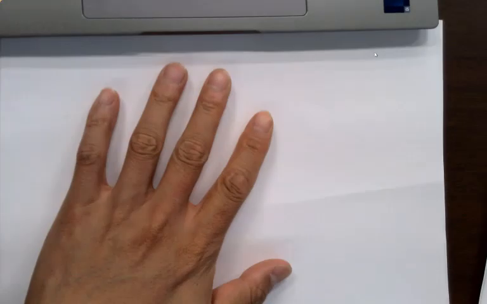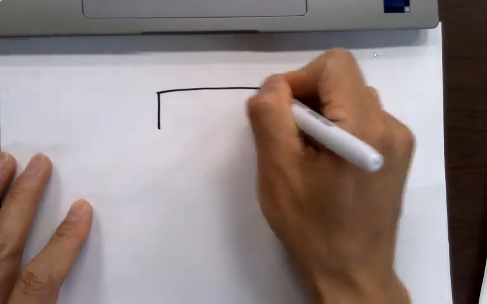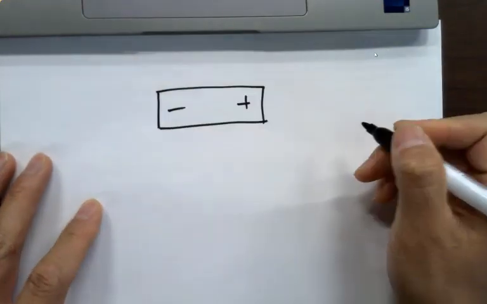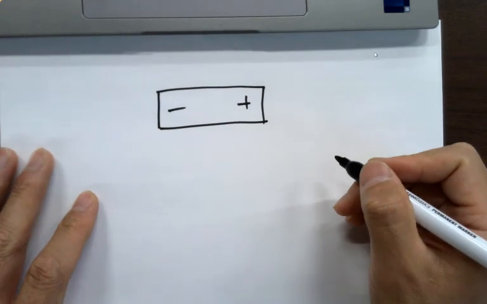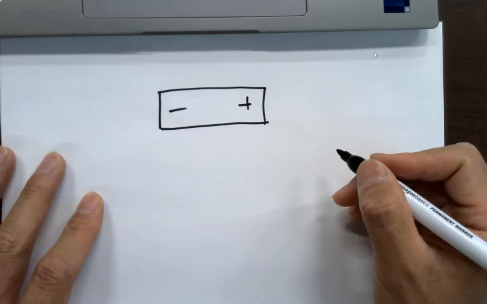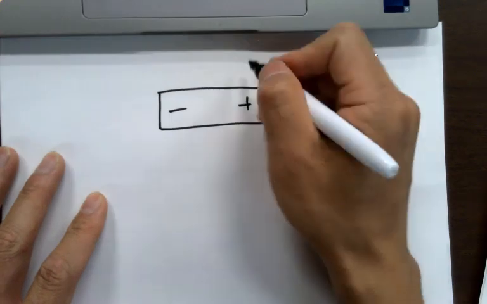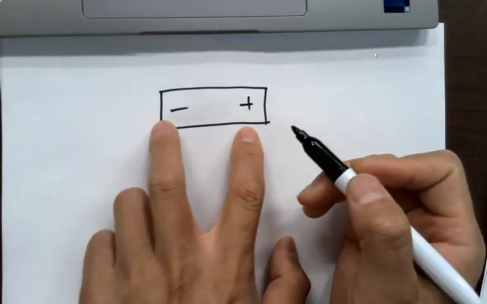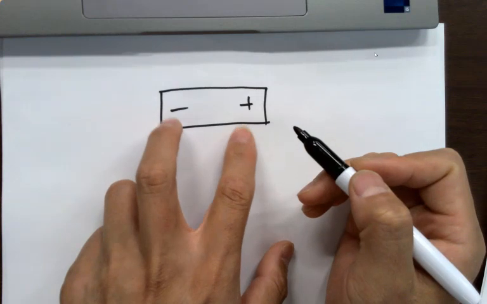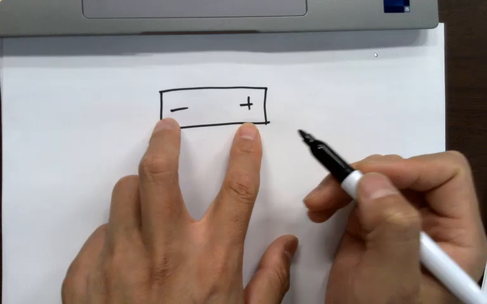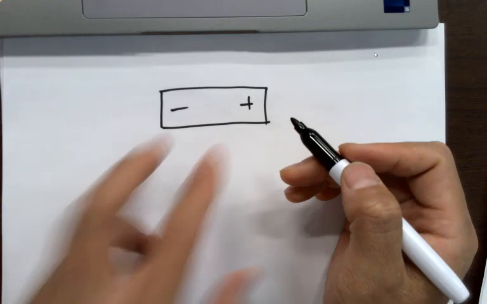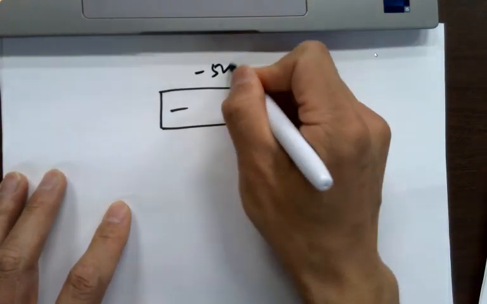In general, if you see a black box like that, the problem is trying to confuse you. When you see a voltage label like that, it's not necessarily true that the real voltage in the circuit is like that. They can label plus minus, but the value is minus 5 volts.